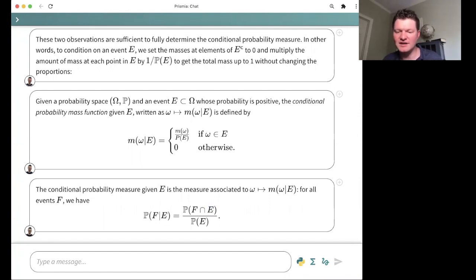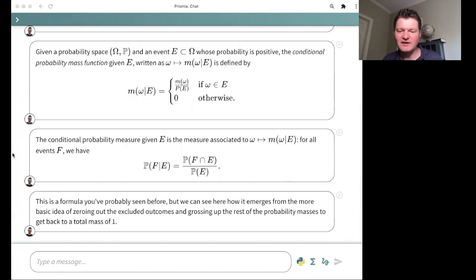A probability of F given E is a probability of both events occurring divided by the probability of the event that we're conditioning on. But because we've developed it here from this more basic idea, you can see where it comes from and reason about how it plays out in a given situation without treating it as an axiomatic formula that things are built on top of.